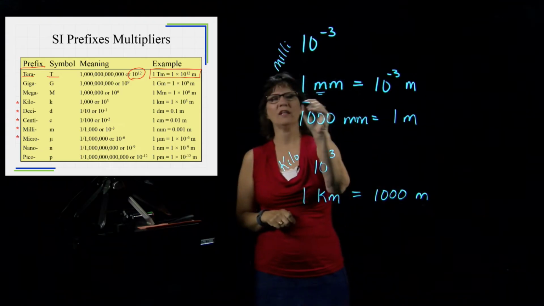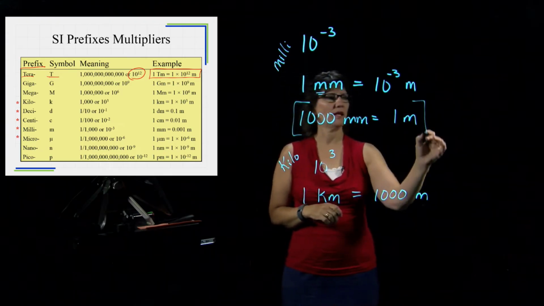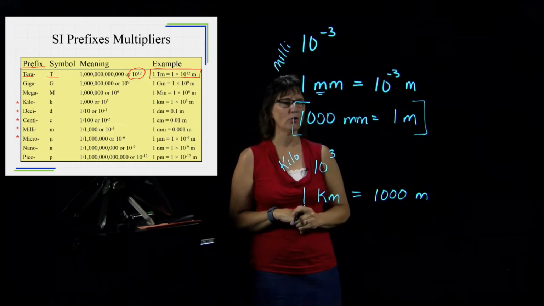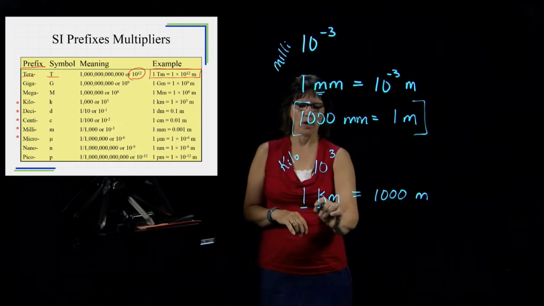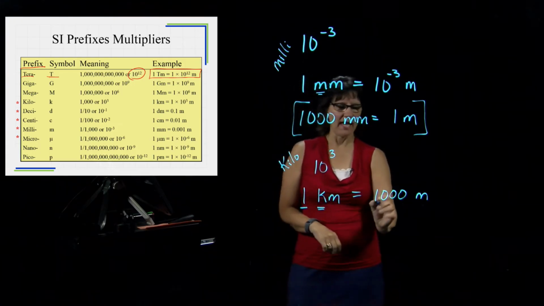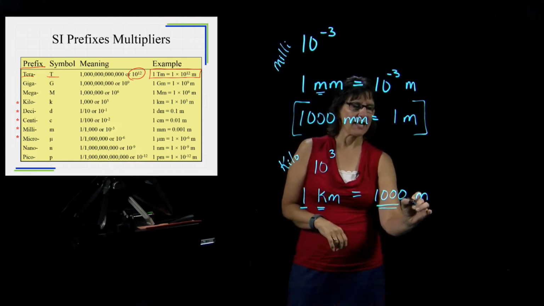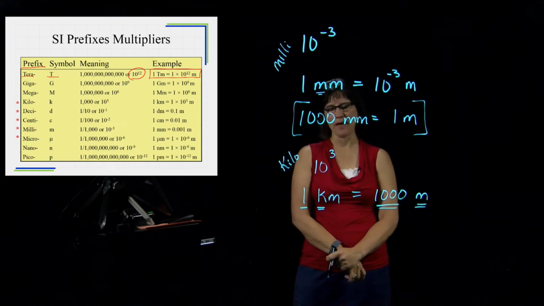So while this is a correct statement, and you would never get it counted wrong for doing that, I will always consistently put the 1 where I see a prefix and what it means where I have just that base.